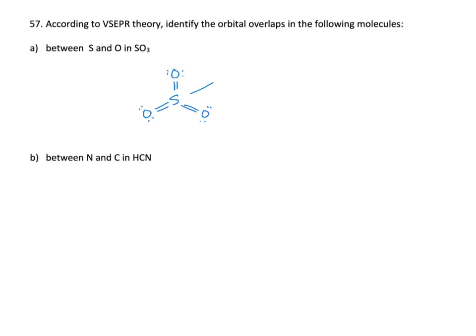The central atom has, again, 3 electron groups, which means it's sp2 hybridized. So it wants to know, for that double bond between a sulfur and an oxygen, what the orbital overlap will be. Well, think of this bond as being composed of a sigma and a pi. And also remember that terminal atoms do not hybridize.